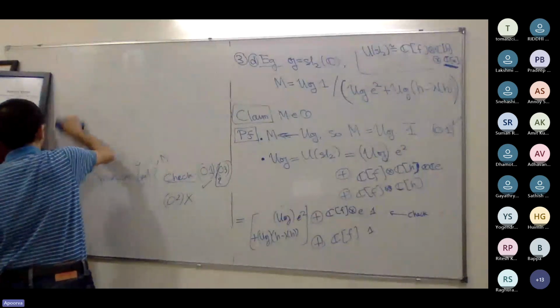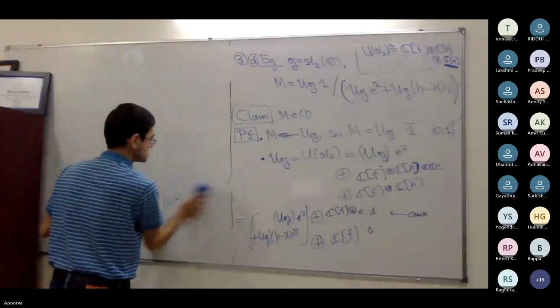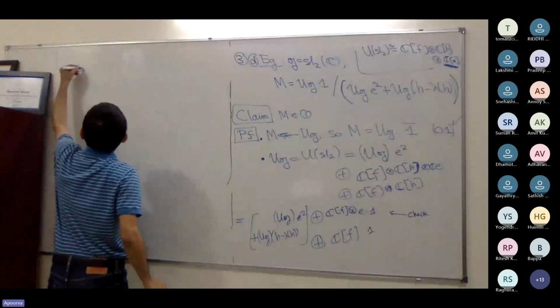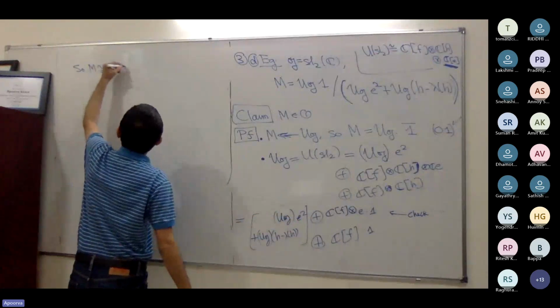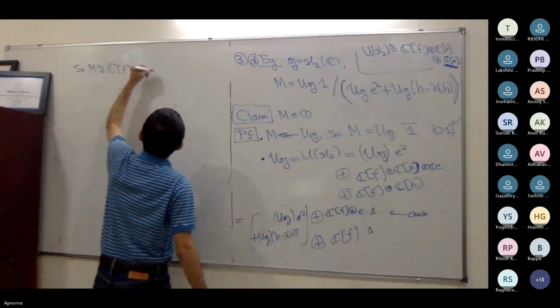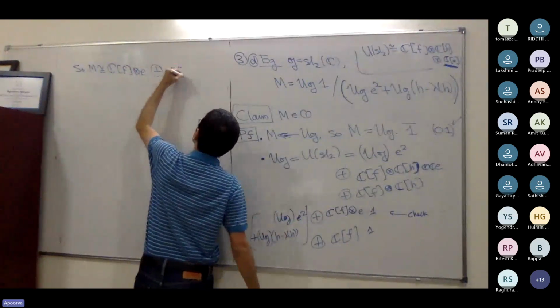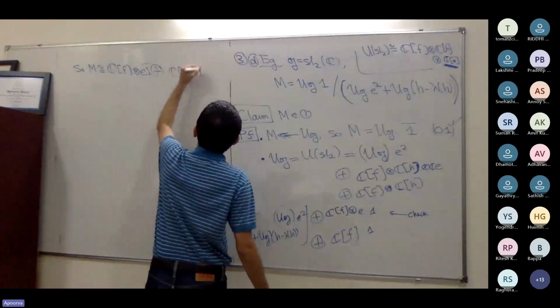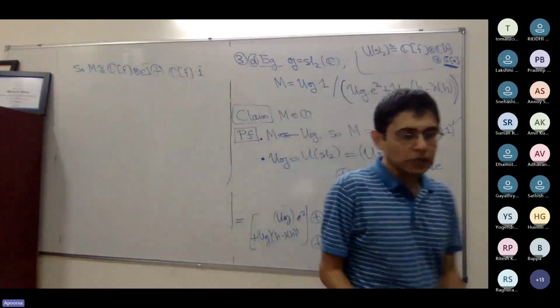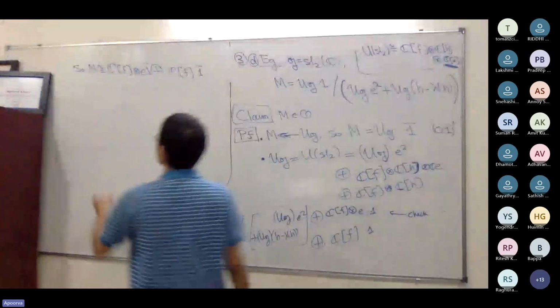So M is isomorphic to this last part, CF tensor E, so E times 1 bar and 1 bar. And you can check the weight vectors.